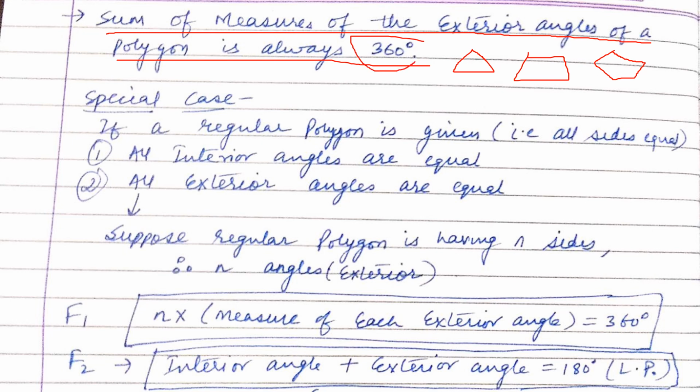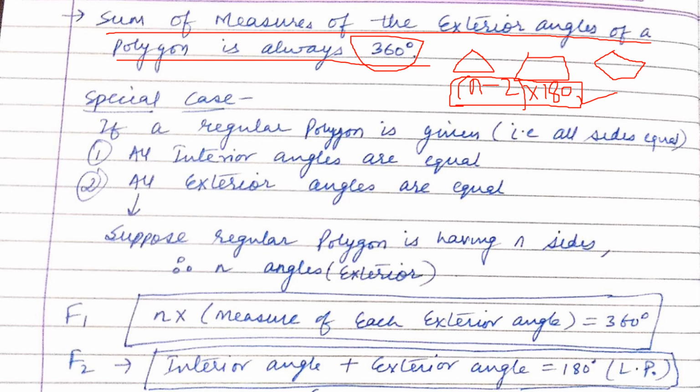360 degree. We learned that interior angles are changing because the formula is n minus 2 into 180. The sum of interior angles of a polygon is given by n minus 2 into 180. So it will increase obviously with more sides.